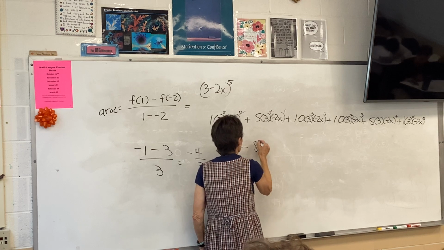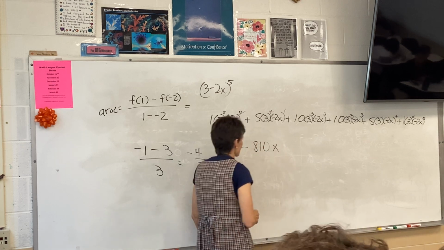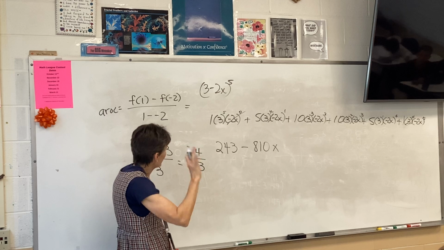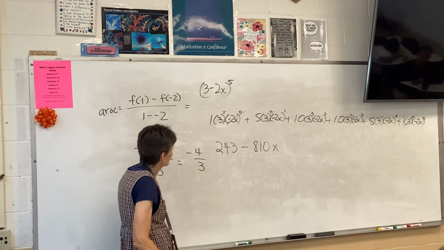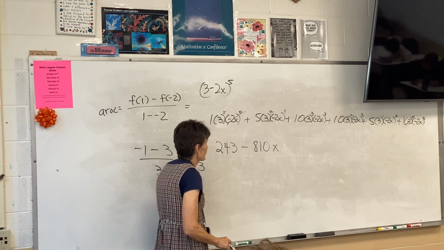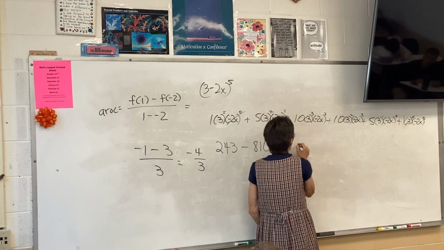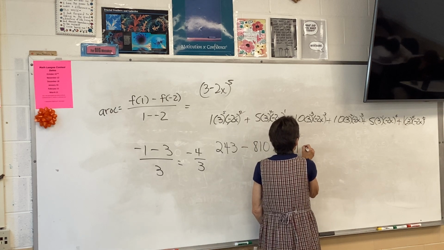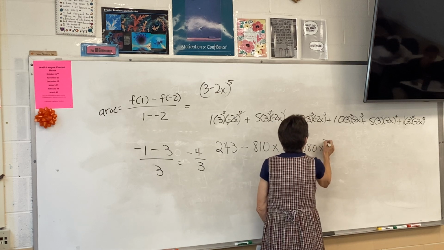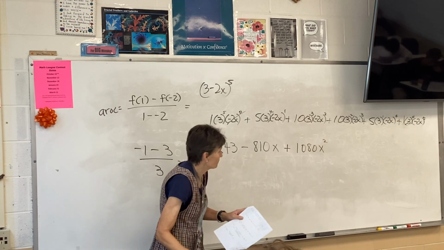I think the next one is -810x, but I'm doing that, I don't know, I think that's right. Let's see, might be time for a calculator here. I don't know, let me double check. Is that right?